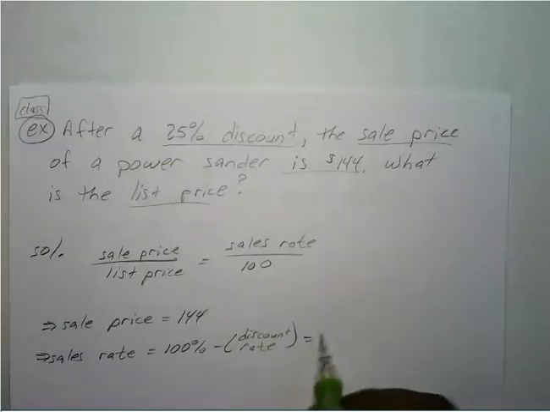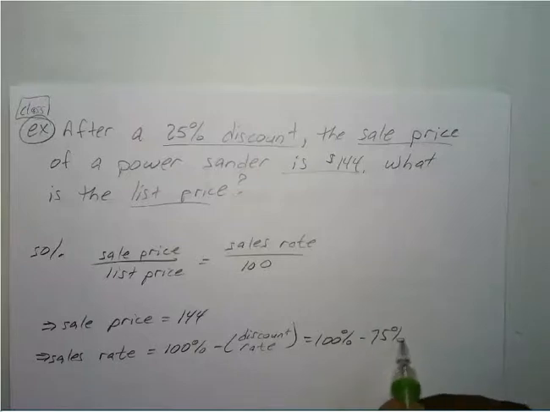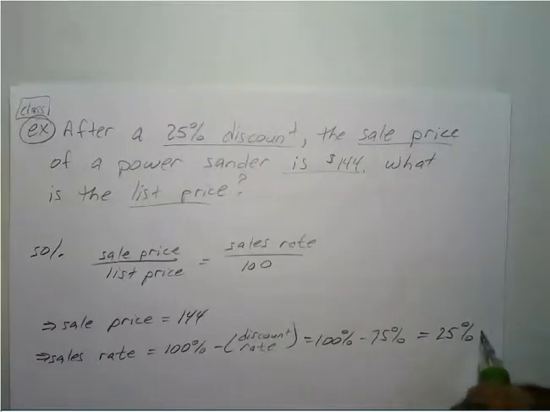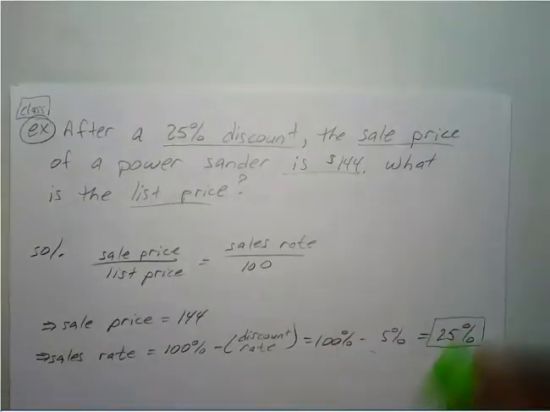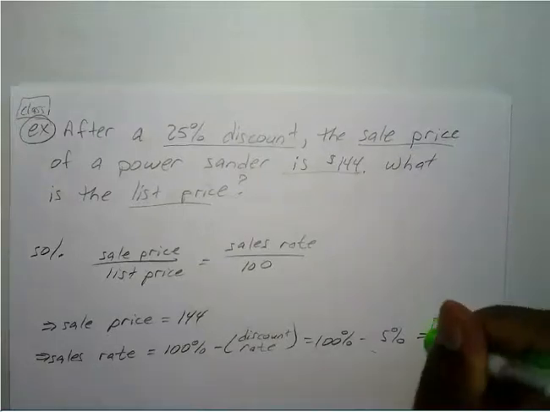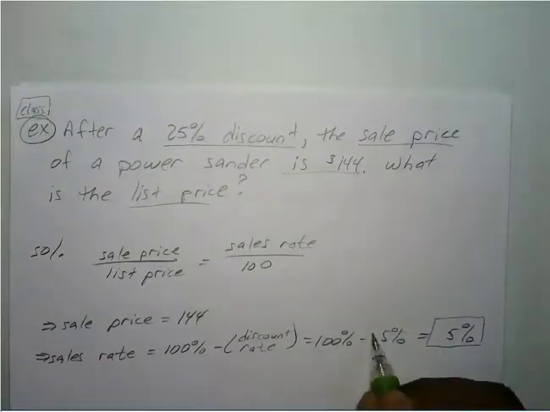Which in this case is 100% minus 25%, that's 75. Oh, I'm sorry, I mixed that up. Sorry, I'm jumping ahead. Sorry about that.